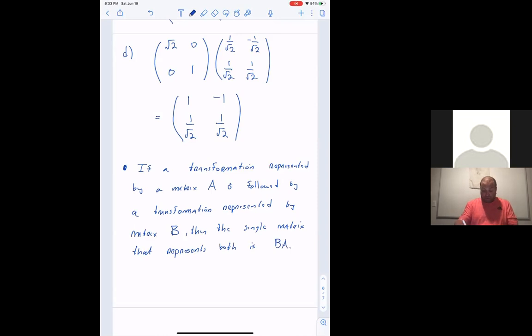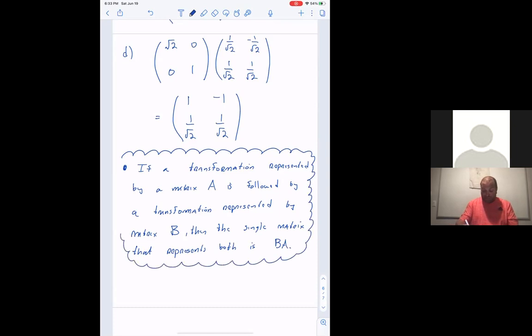Now it's important to notice one thing. If you do A first and then you do B, A is to the right of B when they're put together.